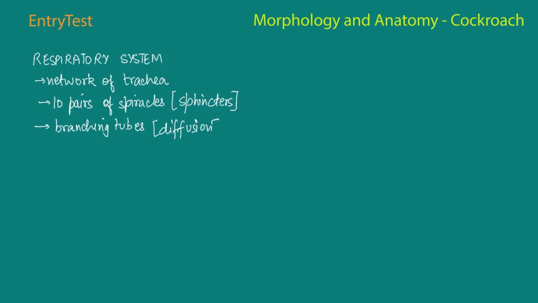The next important system of the cockroach's body is excretion. Excretion is done by the Malpighian tubules.